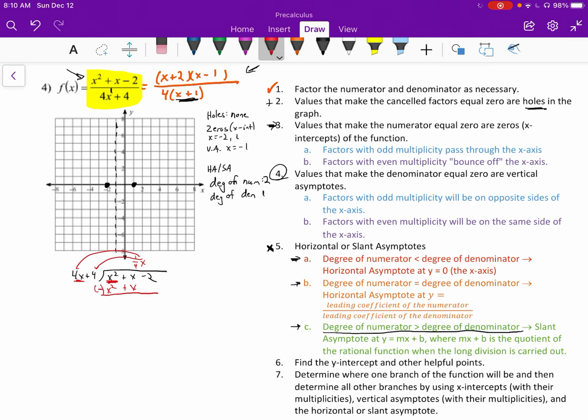When we subtract, actually everything becomes 0. That doesn't always happen. Then we bring down the -2. 4x doesn't go into -2 because -2 does not have a variable. So we could put plus 0 here, which is 0. We subtract and get -2, and so we have a remainder of -2, or we have plus -2 over what we were dividing by.